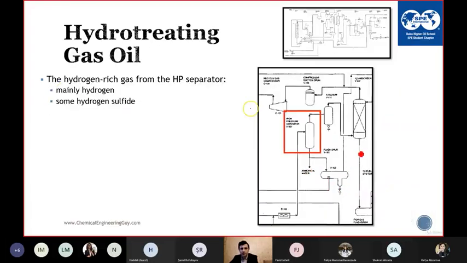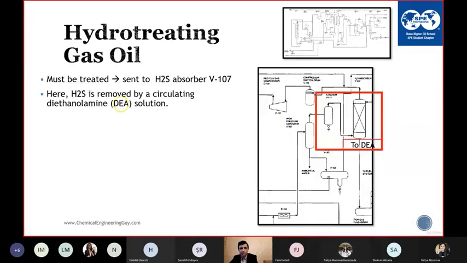The hydrogen is separated in the HP separator and sent to the compressing section. We use a solution to treat the gases.